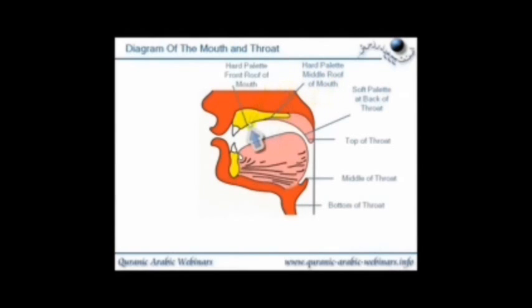You also have, coming towards the front of the top of your mouth, the hard palate at the front roof of the mouth. We then have the very front of your hard palate, which some people will call the gums, where the hard palate meets the upper front teeth. And we have the gums at the bottom of your mouth, which meet with the front bottom teeth.